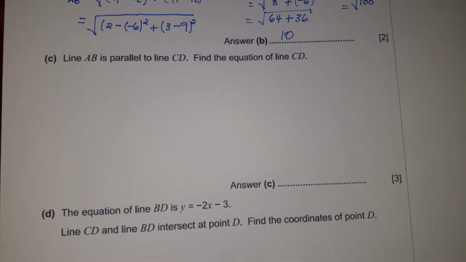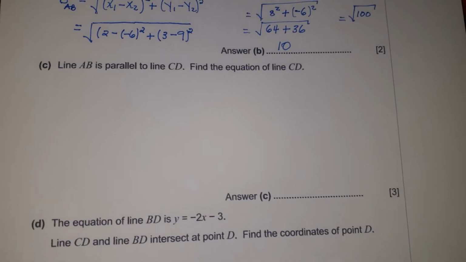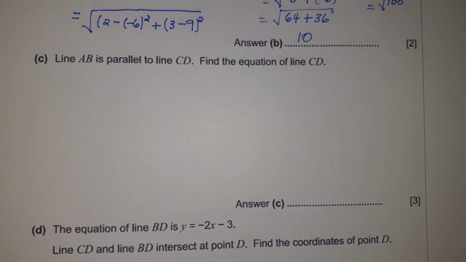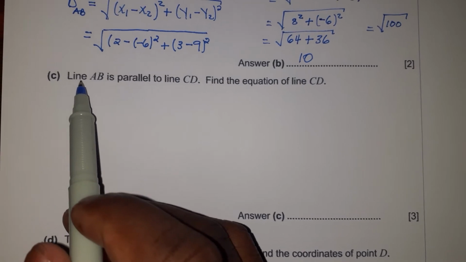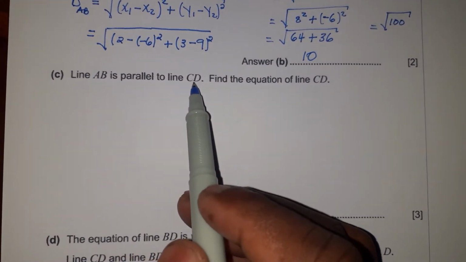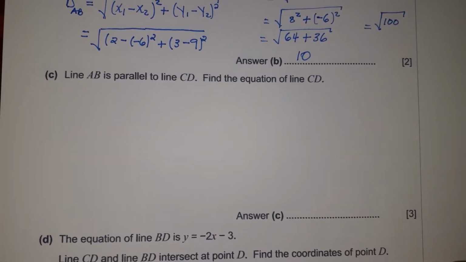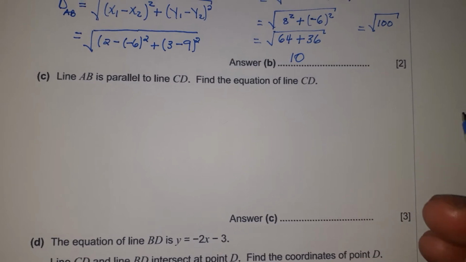And then looking at letter C. Letter C, we are told that line AB is parallel to line CD. Find the equation of line CD.